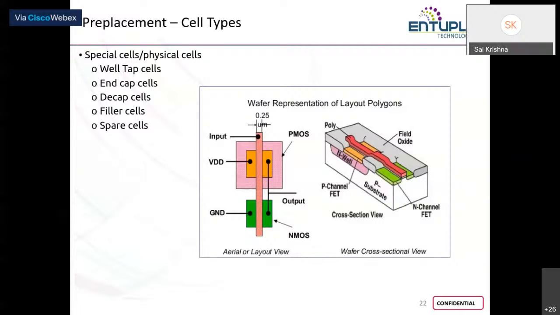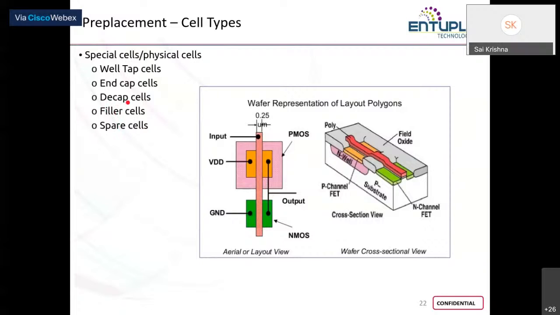The phenomenon of a direct short between VDD and VSS within a CMOS device is called the latch-up problem. And to avoid that, we use well taps.